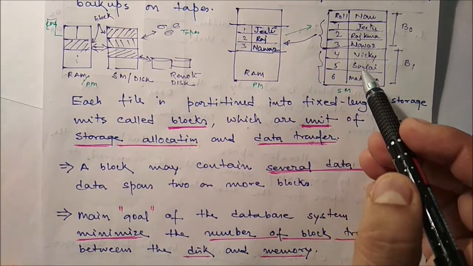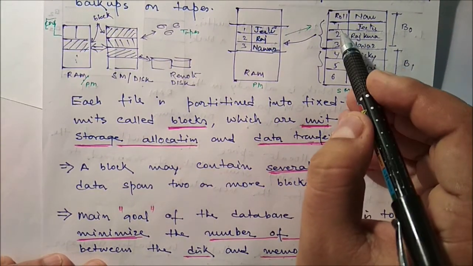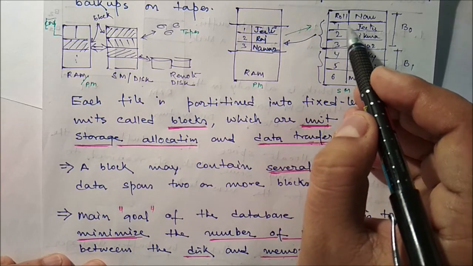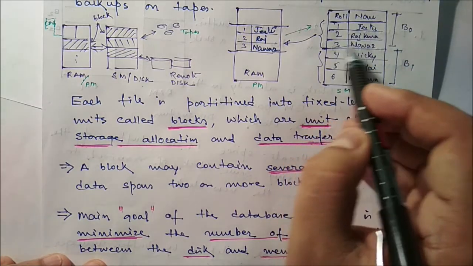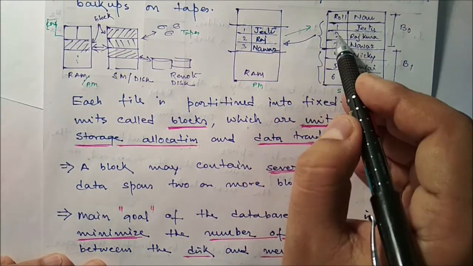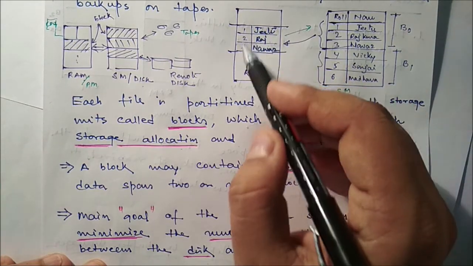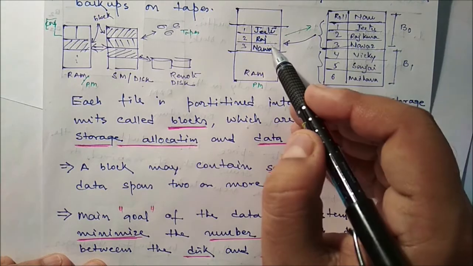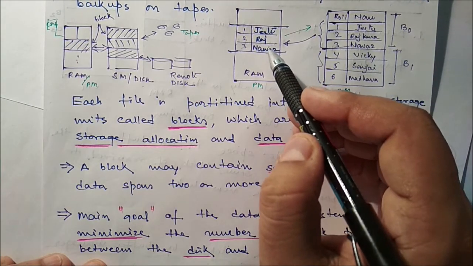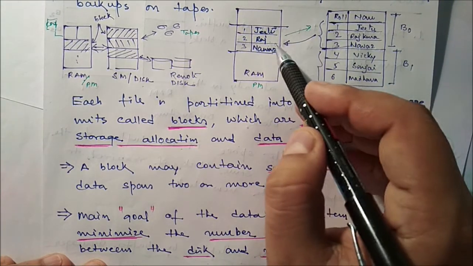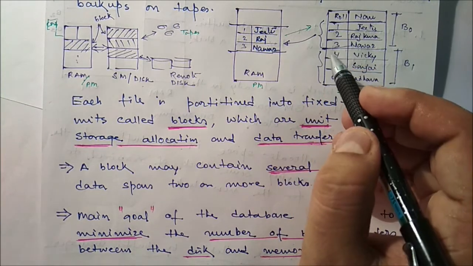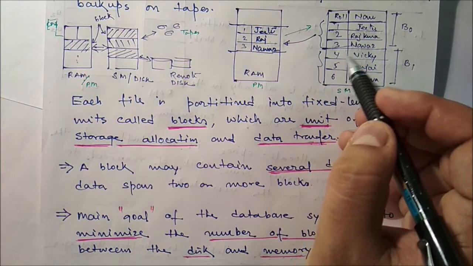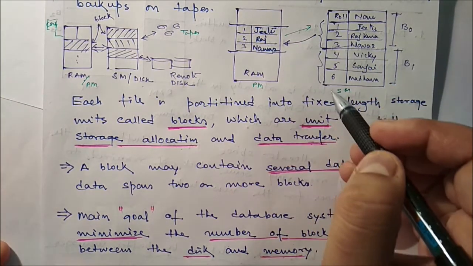Suppose we want to access the roll number. First of all, we have to transfer this particular block from secondary memory into the main memory, and after using it, we have to return it. Transferring data from secondary to primary is called swap in. From primary to secondary is called swap out. After completing this, we swap in the second block and then swap out, then use the third block.